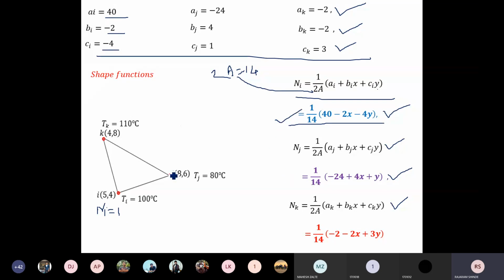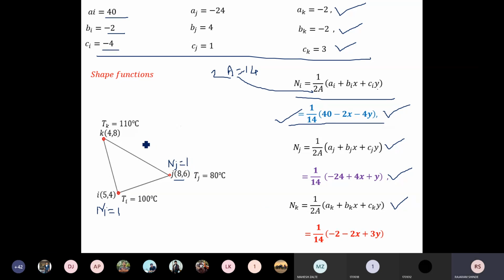Now second shape function I will check at this point. Now you put the value of coordinates of j node in shape function Nj. How much value will you get? Nj at j is 1. Is it correct?